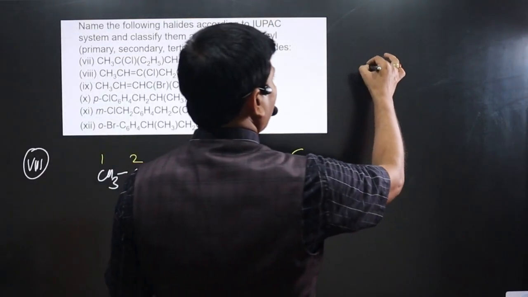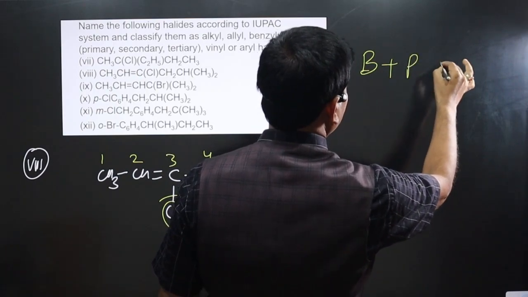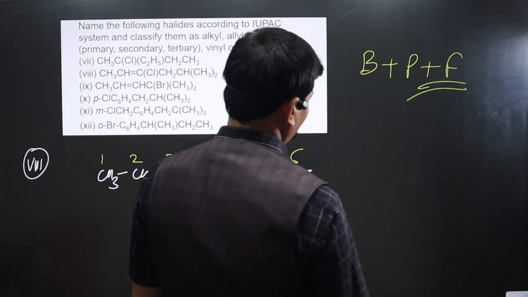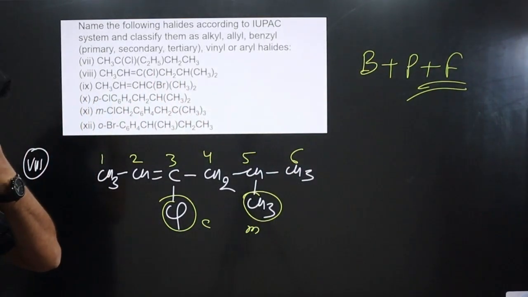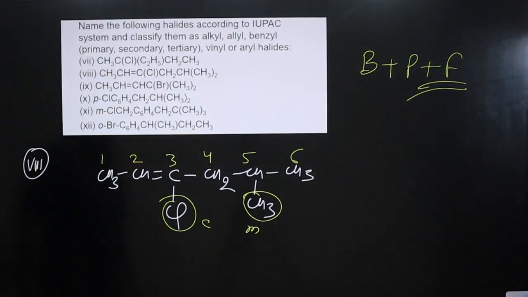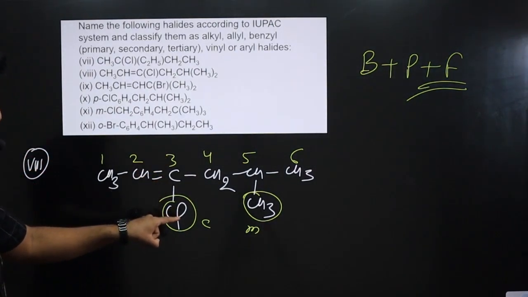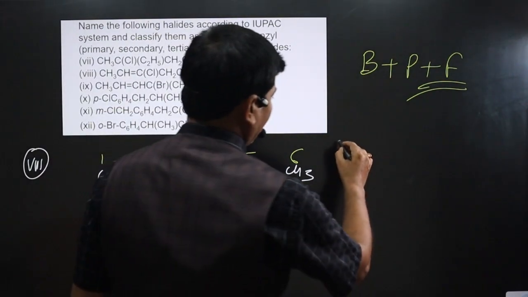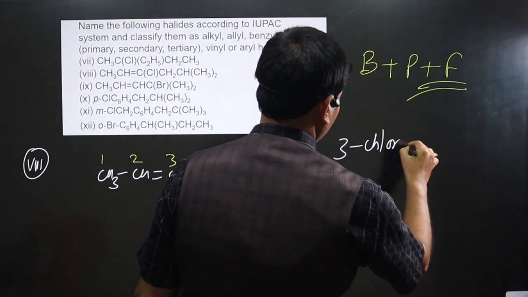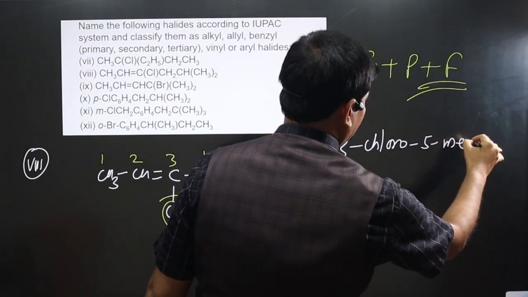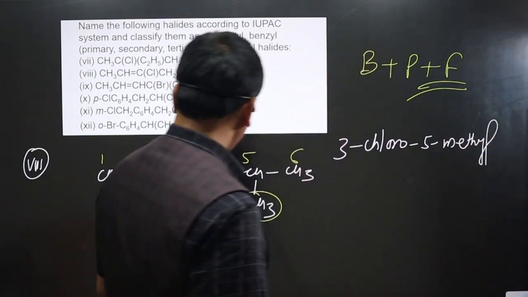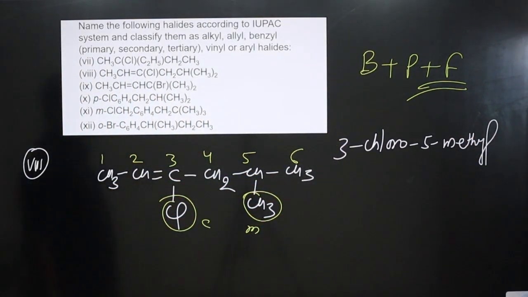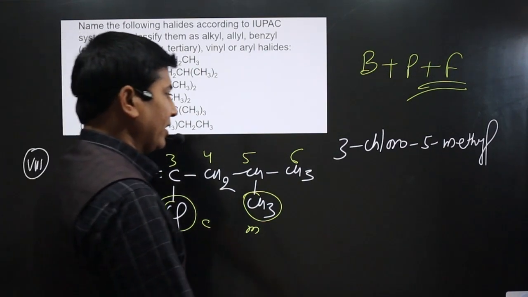Then we have the branching, then the parent chain, and then the functional group suffix we have to write. And for a double bond the suffix is what? ene. So you can see we got 3 chloro 5 methyl. And in the parent chain how many carbons are there? 6. So we can write hex.